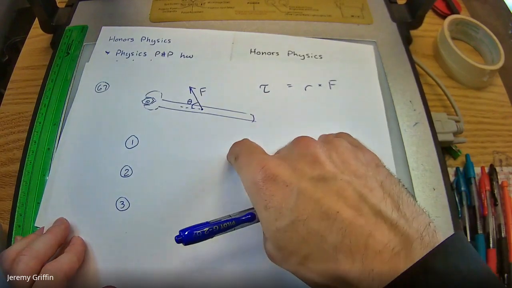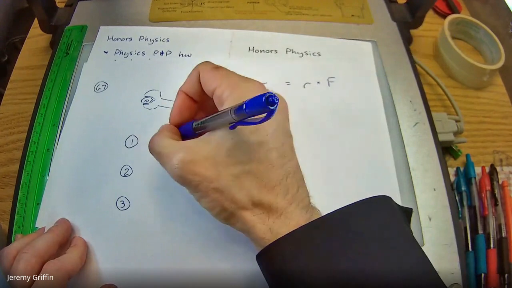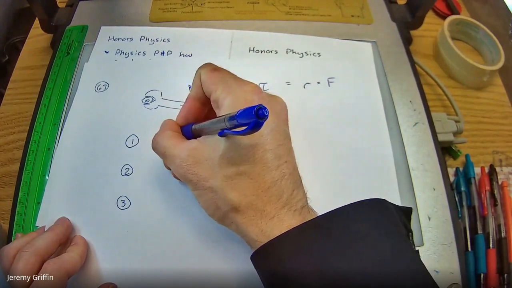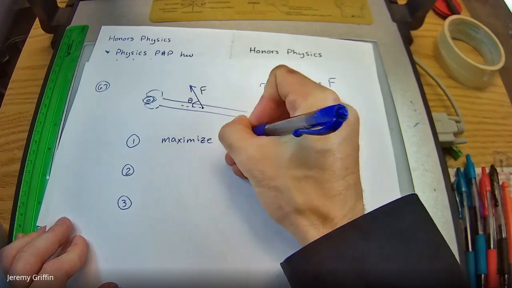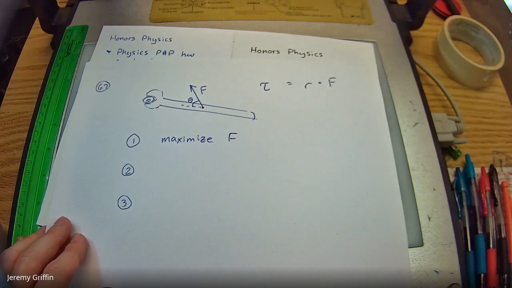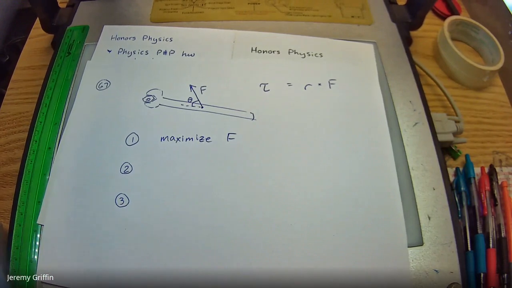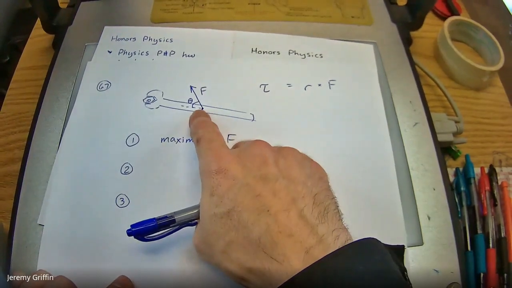Maybe one that's so obvious that I shouldn't even mention it, which is just to apply a maximum force. Okay? So you can maximize the force. Okay? What's another thing you could do? How about the location of that force?